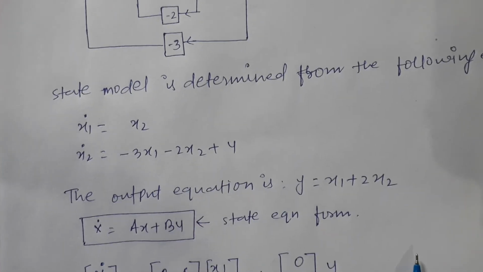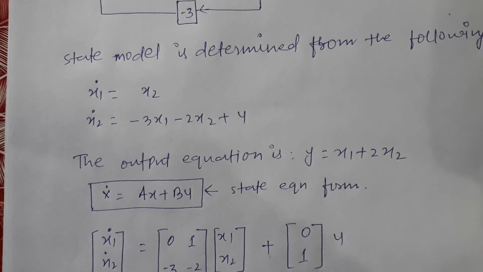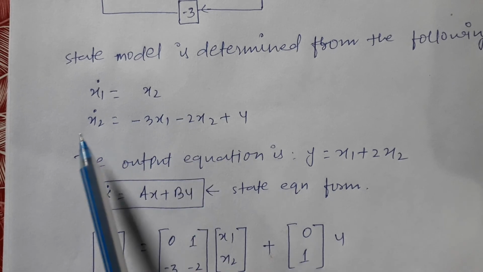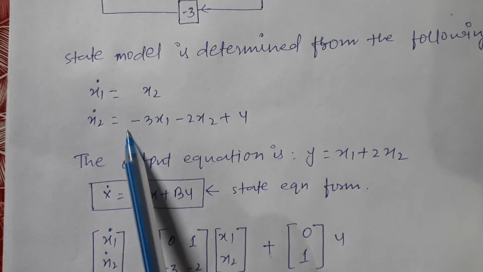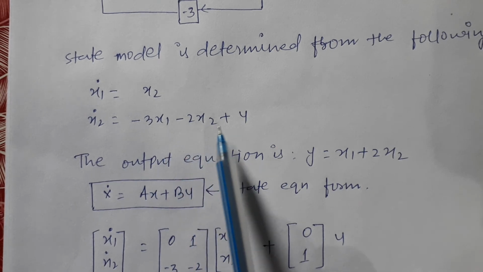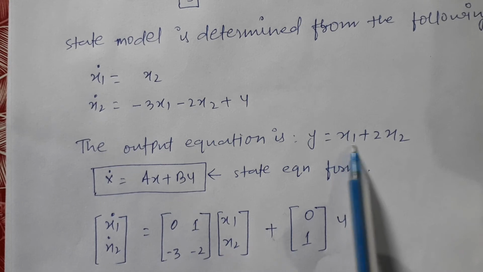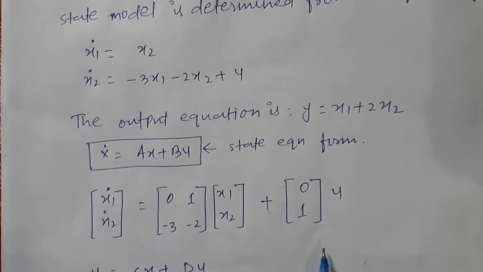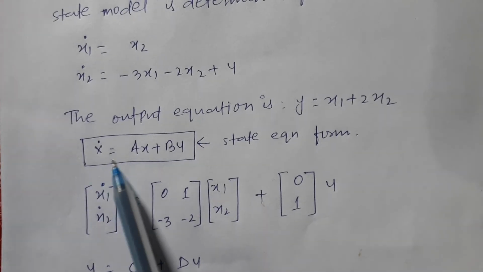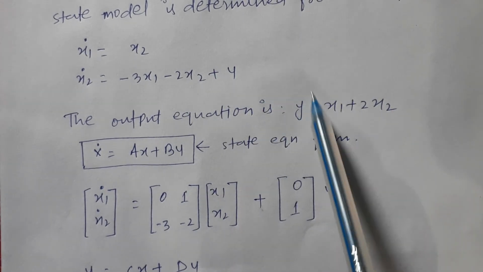Now we determine the state model from the following equations: x1 dot equal to x2, x2 dot equal to minus 3x1 minus 2x2 plus u. The output equation will be y equal to x1 plus 2x2. Now we arrange these equations in this form.